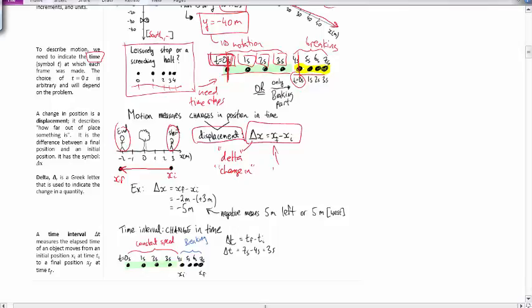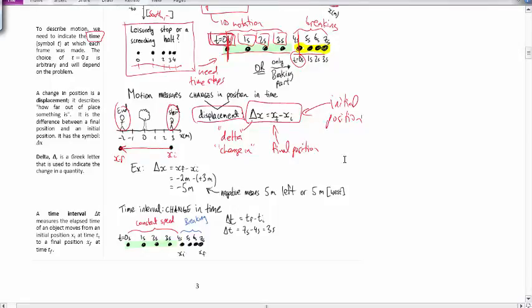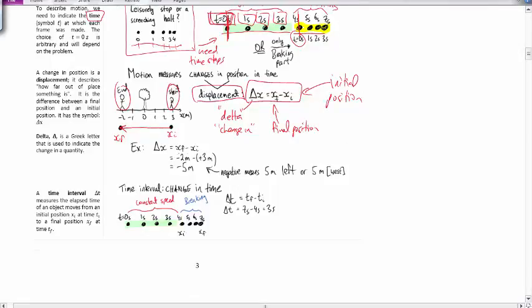And this here is the final position, and this here is the initial position. So in this example, our displacement is xf minus xi. Our xf is -2 minus our xi, which is our initial position, which is +3.